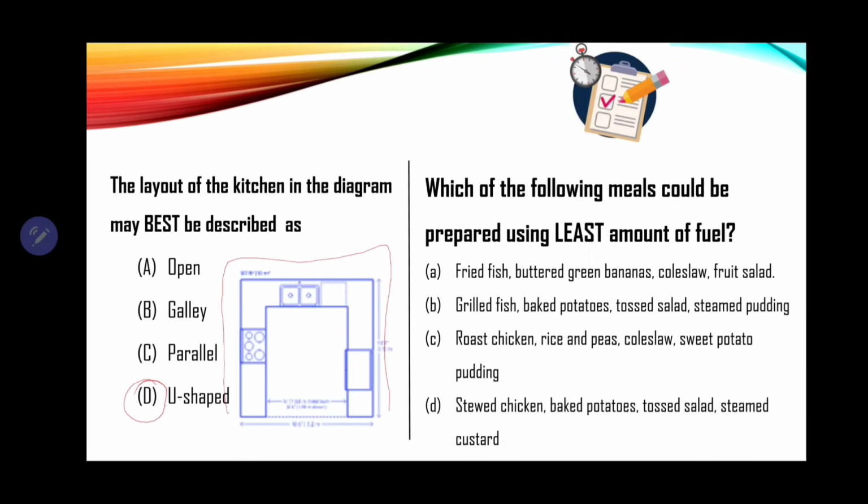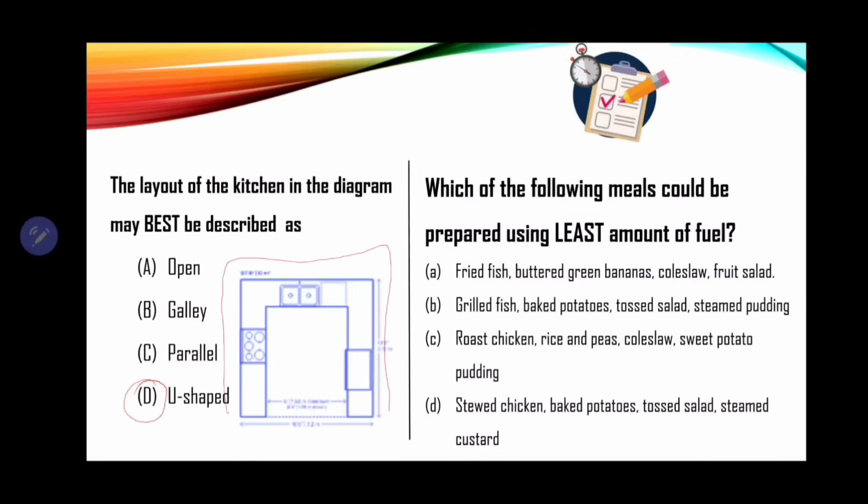B, grilled fish, baked potatoes, tossed salad, steamed pudding. C, roast chicken, rice and peas, coleslaw, sweet potato pudding. D, stewed chicken, baked potatoes, tossed salad, and steamed custard.